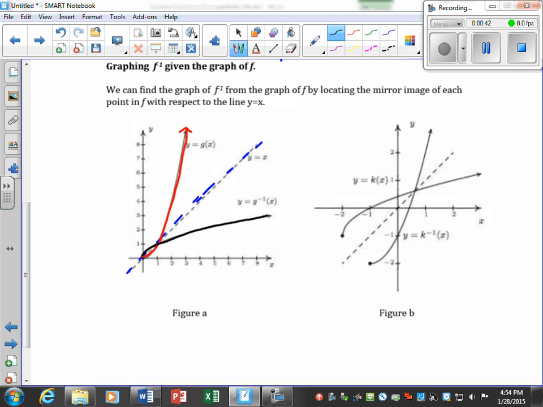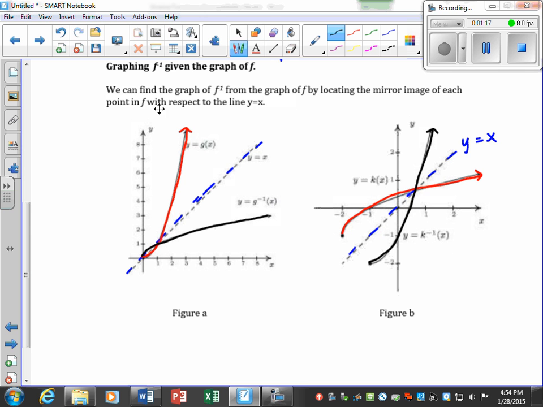Okay, so same thing. Here's another example with respect to our y equals x. I'll do a better job of trying to stay on top of it. That's our y equals x. So basically if I folded my paper in half at that line and I knew my k of x, I could fold it in half and then align it so that I could know my k inverse of x.